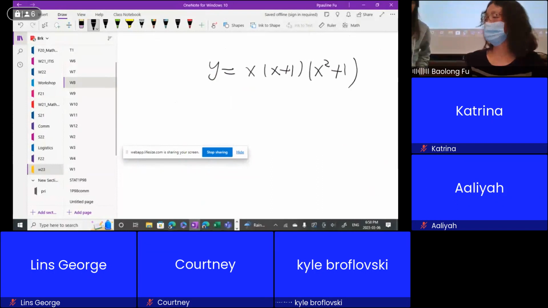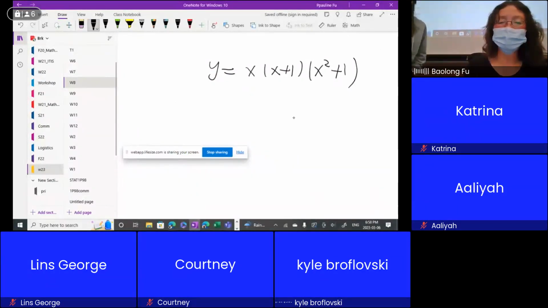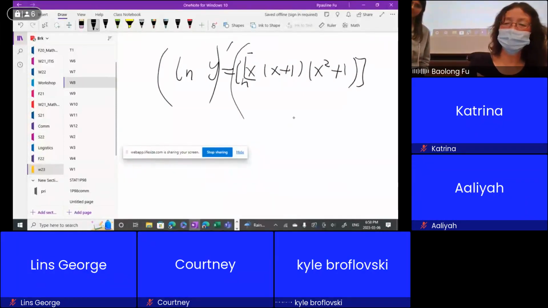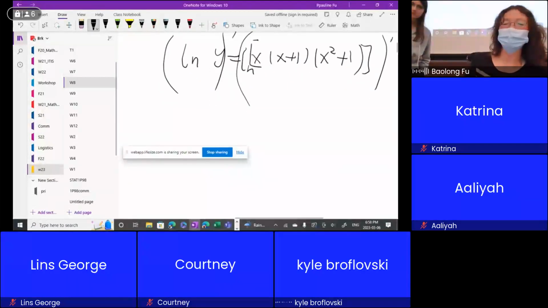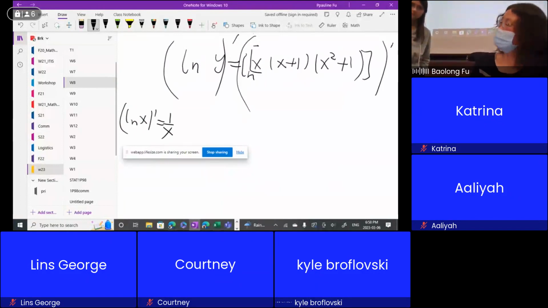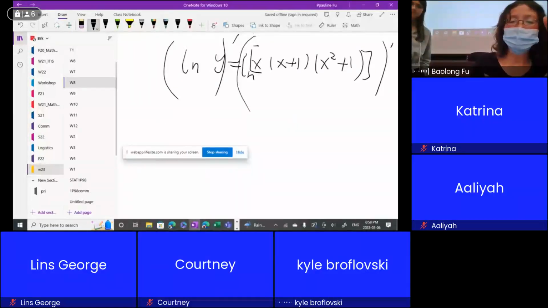Okay, so this is an equation. Mathematically, if I take ln of both sides, it is still an equation, right? Now for both the left-hand side and right-hand side, I take the derivative. On the left-hand side, the derivative of ln x is 1 over x, but this is ln y, and y has x. So the derivative of ln y is 1 over y, chain rule, times the derivative of y.